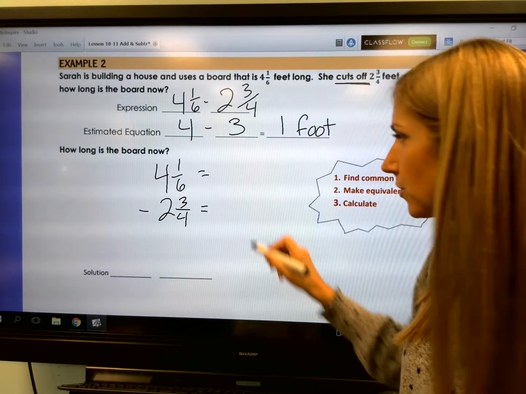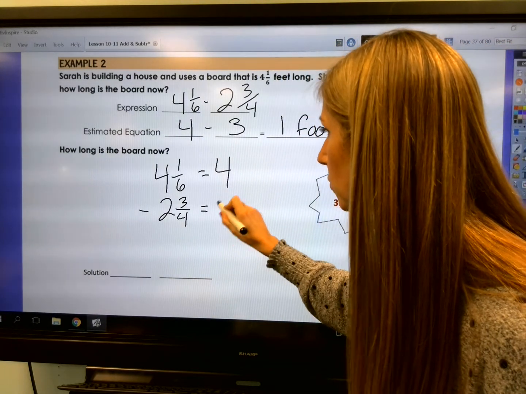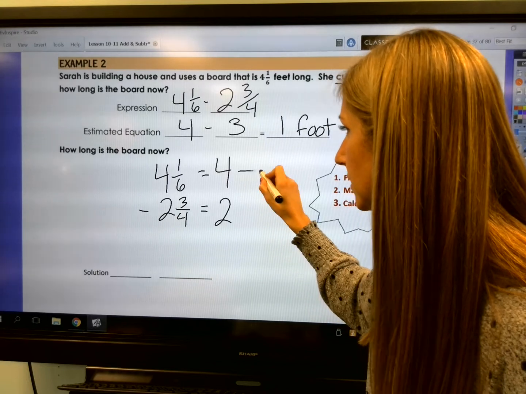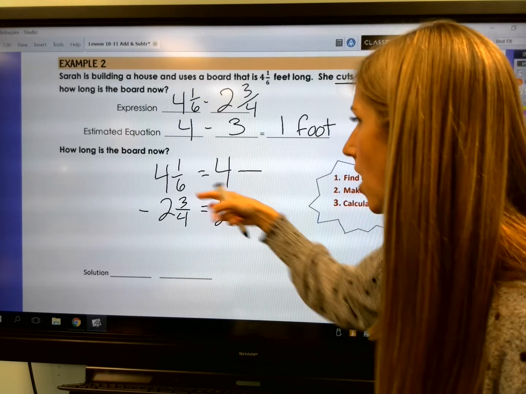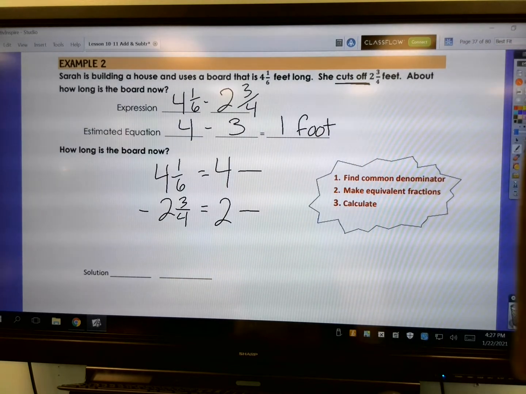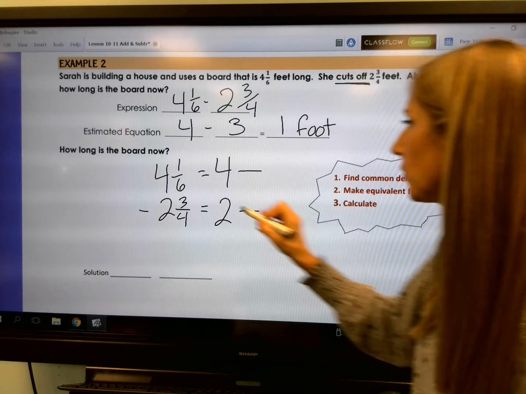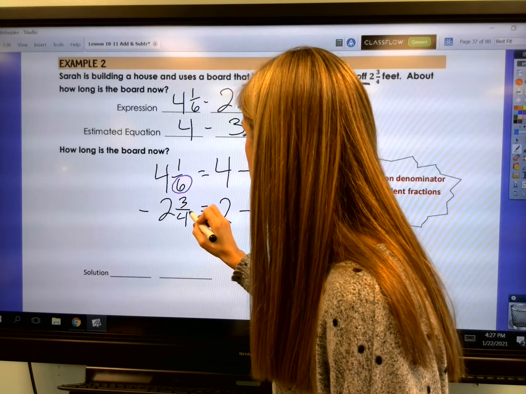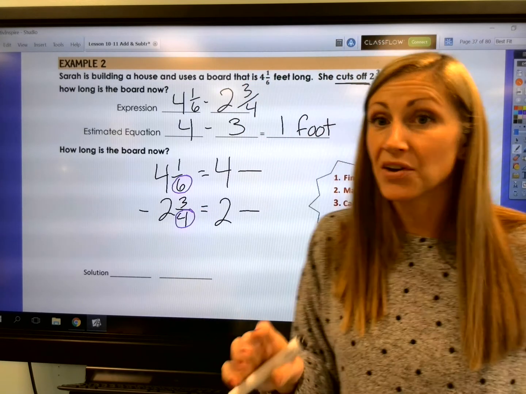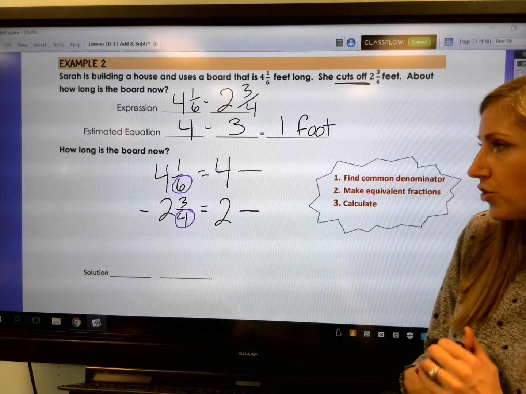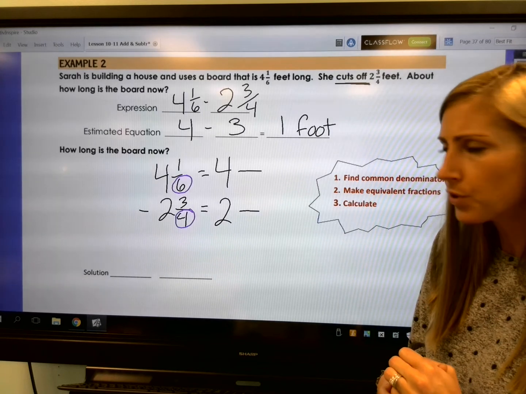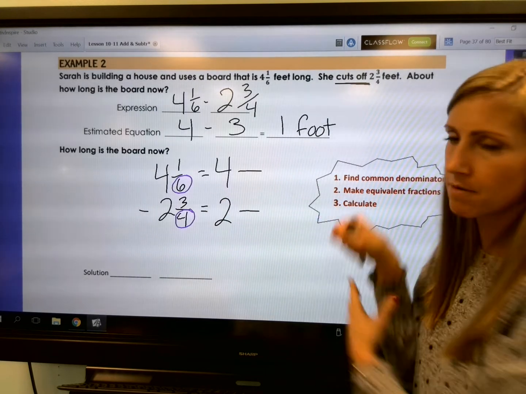One thing I want to make sure you remember is we are keeping these whole numbers intact to get those common denominators. So now we need to look at our 6 and our 4 and go, okay, what is a common multiple of 6 and 4? Now again, there's more than one. What would be maybe even the smallest one? What should we use? What do you think? What could they both become?